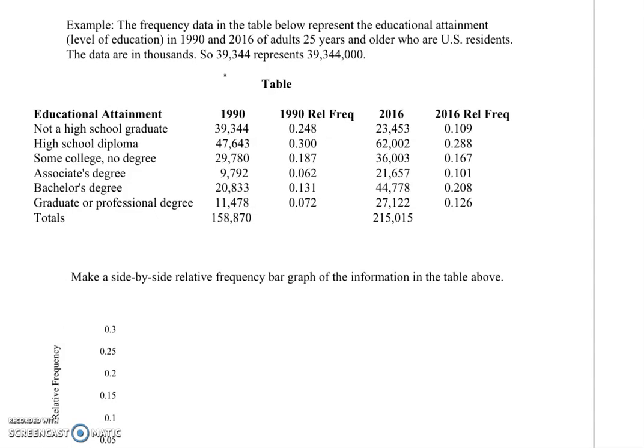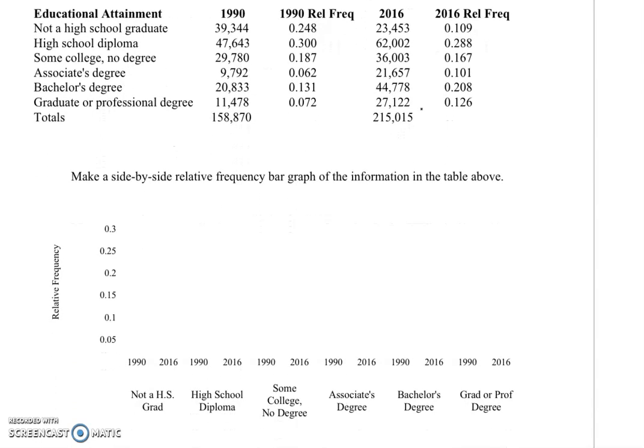We would have to multiply that by 1,000 to get the actual number, which would be 39,344,000. That doesn't really matter though, because if we take each number represented in thousands and divide it by the total number in thousands, we would get the same relative frequency.